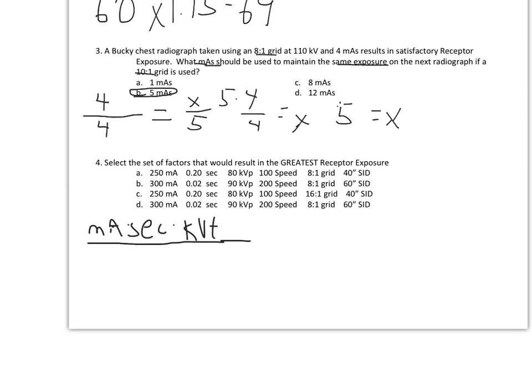So when it's 80, we're going to use a kV factor of 1, and when it's 90, we use a kV factor of 2. And then we multiply by the speed up here, and then divide by the grid conversion factor down here, and by the SID twice since it's squared.